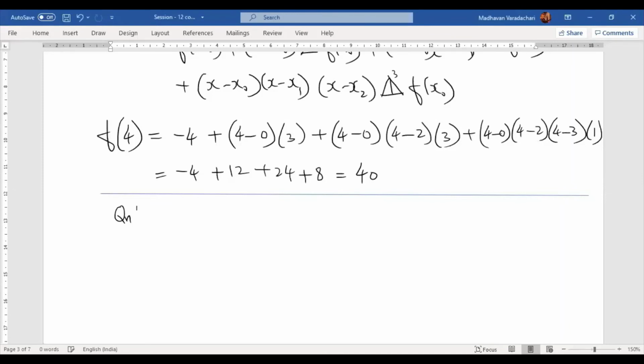One more question we'll do using Newton's divided difference formula. Evaluate f(9) for the following.